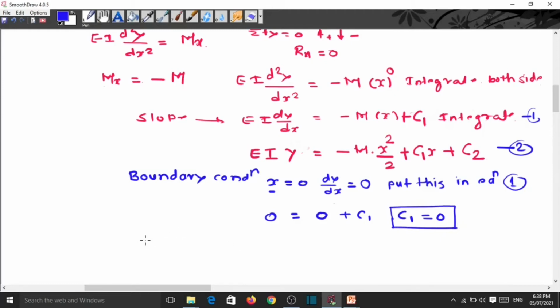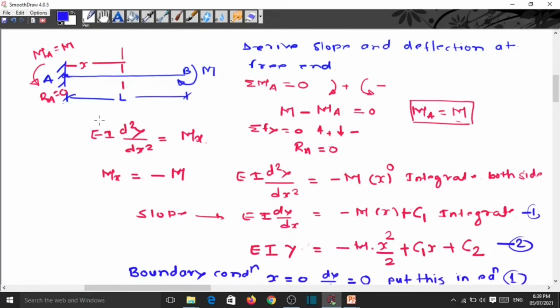Then next again apply the boundary condition, that is x equal to 0. So y is equal to 0 means the deflection at A is 0, and x equal to 0 means again this location. So we know at the support the deflection is 0.